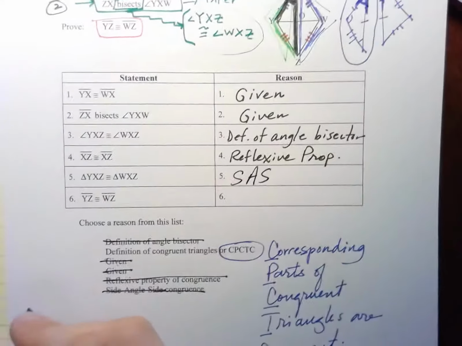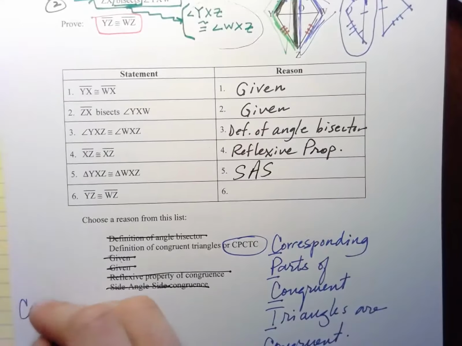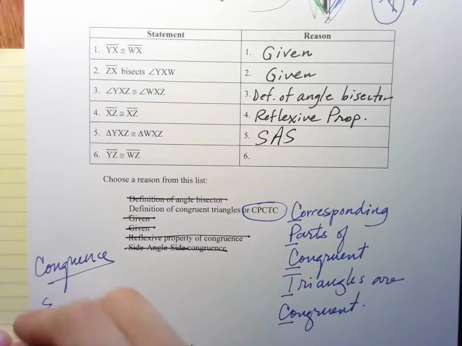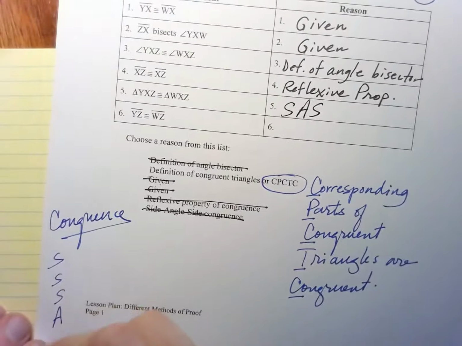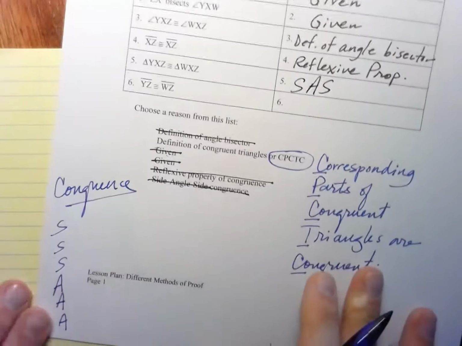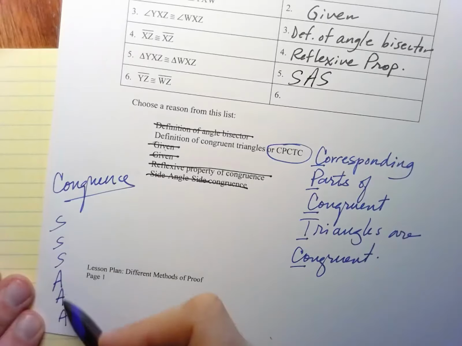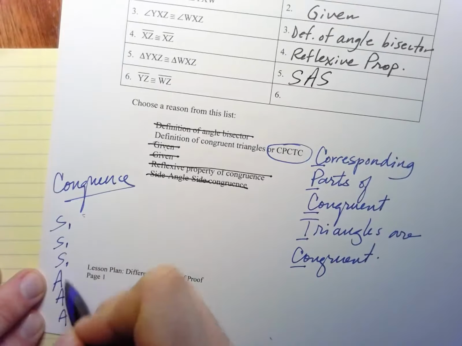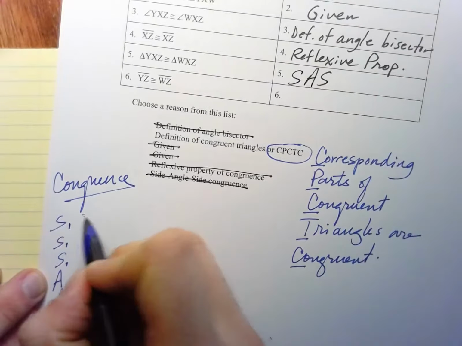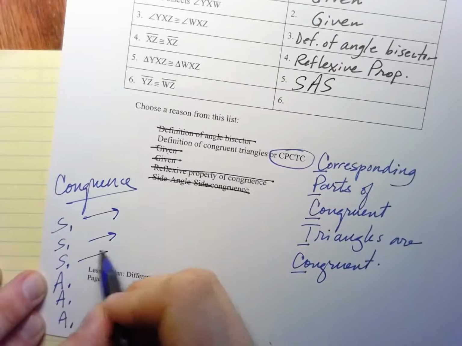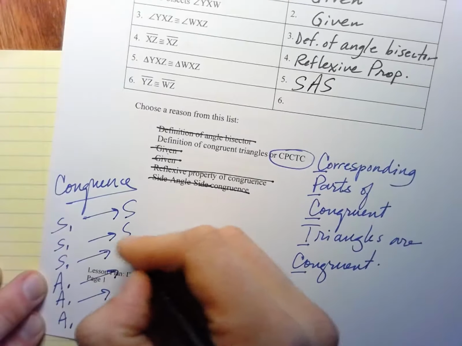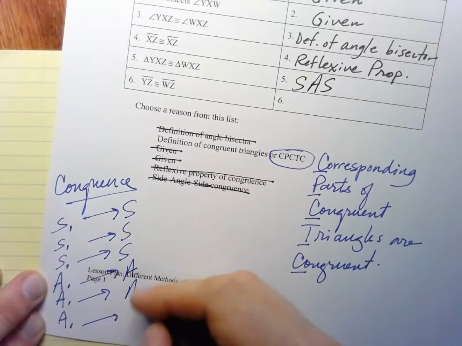So the interesting thing about congruence is that if you show congruence, then you have 3 sides and 3 angles in one triangle, and so this will be in triangle number 1, and it maps directly. It shows you that there is a corresponding side, side, side, and angle, angle, angle.